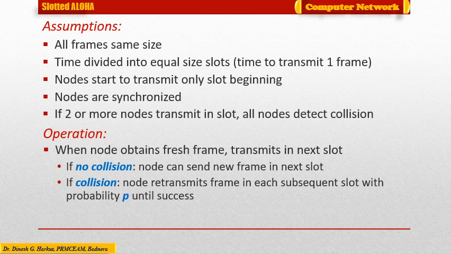By retransmitting with the probability P, we mean that the node effectively tosses a biased coin, wherein the event head corresponds to retransmit, which occurs with the probability P, and the event tail corresponds to skip the slot and toss the coin once again in the next slot, which occurs with the probability of 1 minus P. In this slotted ALOHA, all nodes involved in the collision toss their coins independently. This is how slotted ALOHA operates.